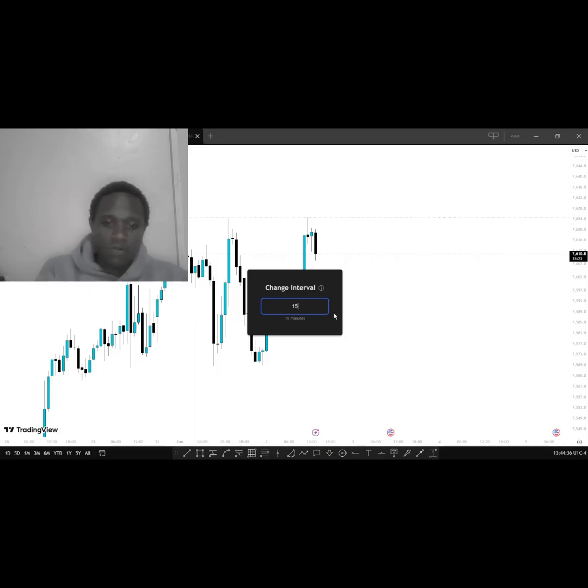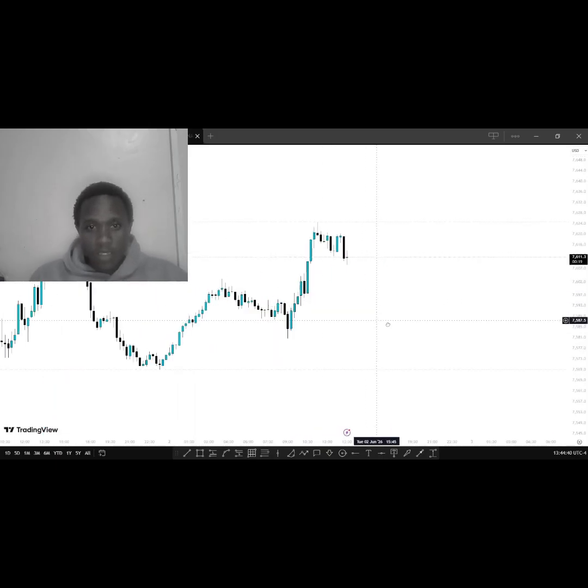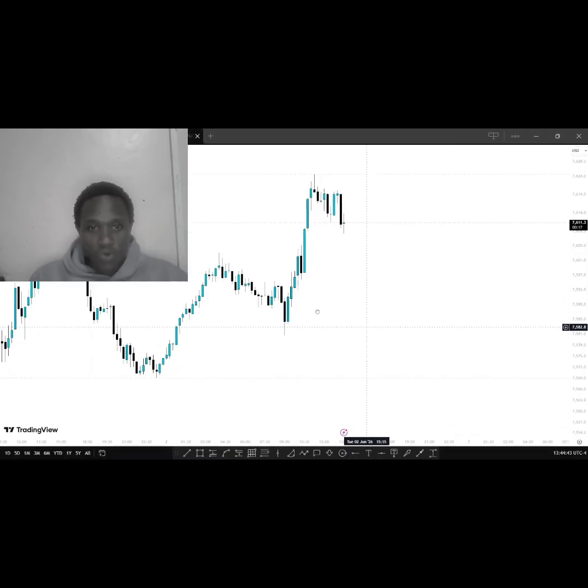And maybe to go to the 15-minute, where you could have also used another invalidation. So you can see that when we took the trade, I think we took it at around here. Yes, around 8. So you can see that another method of invalidation that you could have used is this piece of price action that you can see right here.